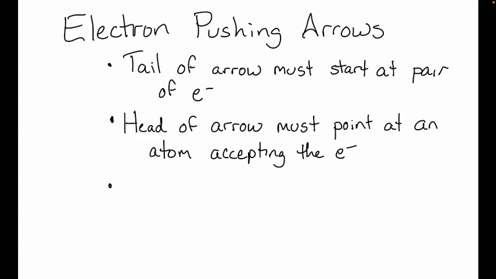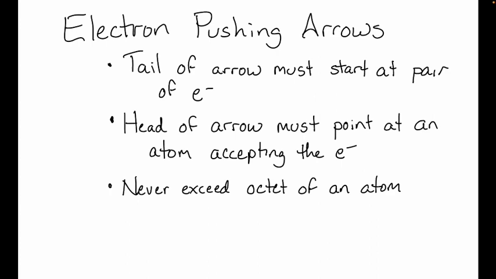So, first of all, we never exceed the octet of an atom. We also want to never break an atom's octet. All right, but there's one very important exception to that rule.